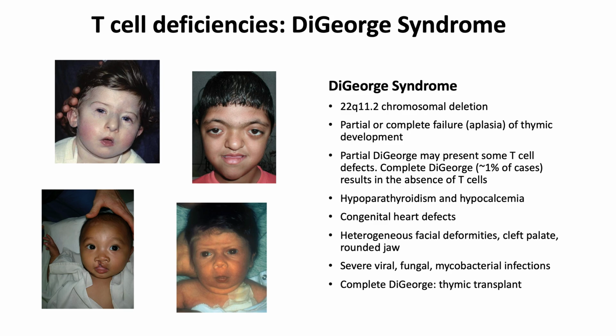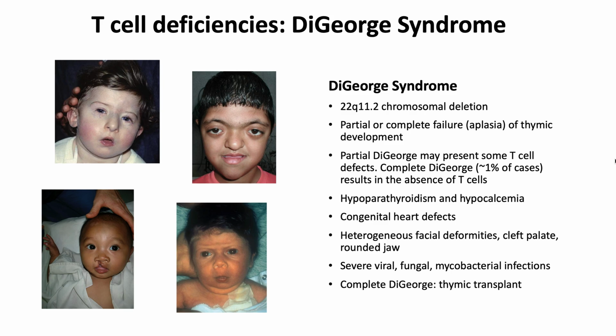Moving now to T cell deficiencies, I'm only going to mention one, and that is DiGeorge syndrome. DiGeorge syndrome results from a chromosomal deletion in chromosome 22 and can result in either a partial or complete failure of thymic development. Partial DiGeorge may present some T cell defects, but complete DiGeorge, which happens in only about 1% of cases, can result in the absence of T cells altogether. Now, the important thing to know about DiGeorge, however, is that there are a number of other defects associated with DiGeorge because it is a chromosomal deletion.